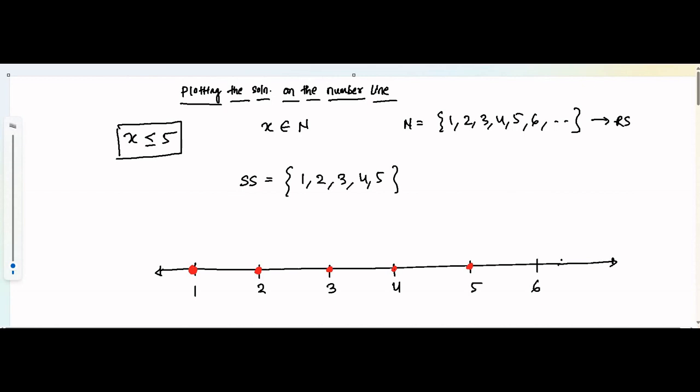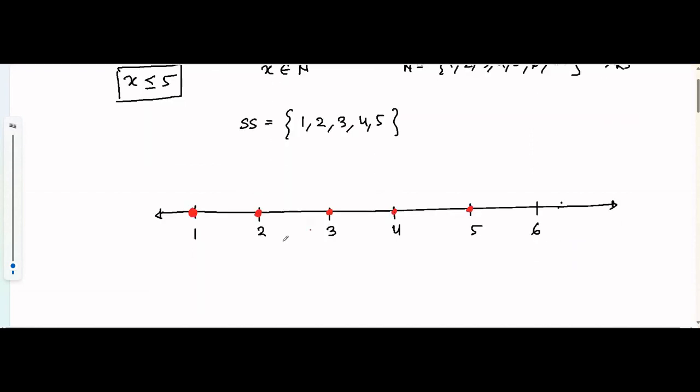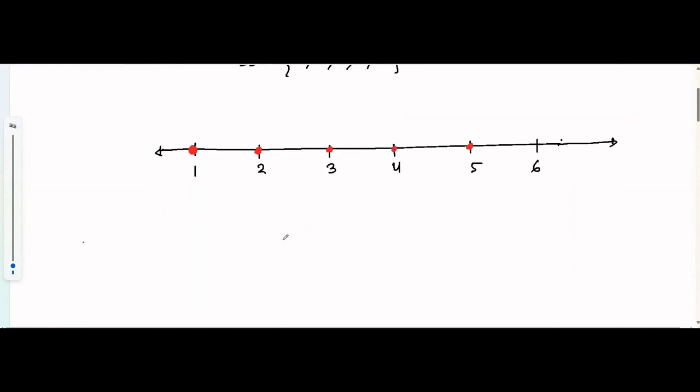Okay, so suppose instead of natural numbers, it would have been given x belongs to the set of whole numbers. In that case, the solution set would have been 0, 1, 2, 3, 4, 5.